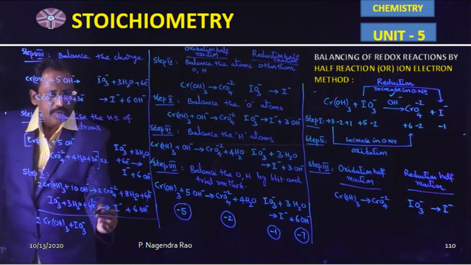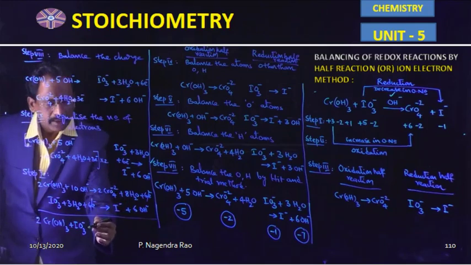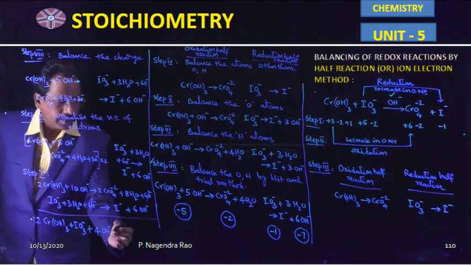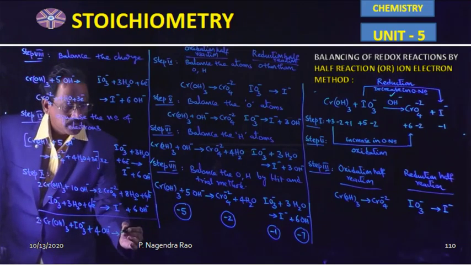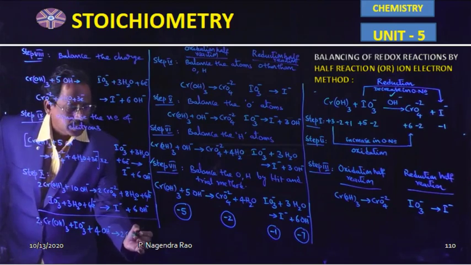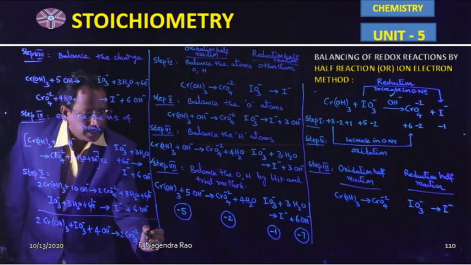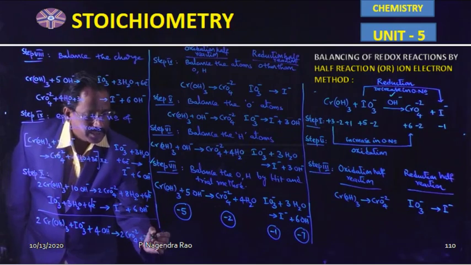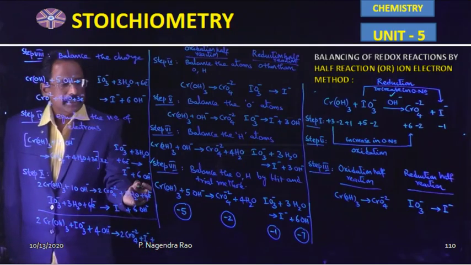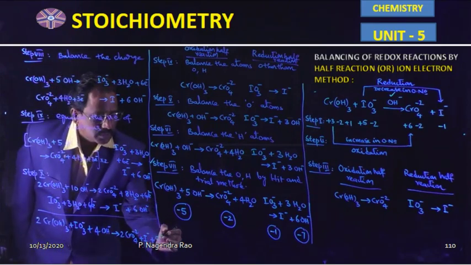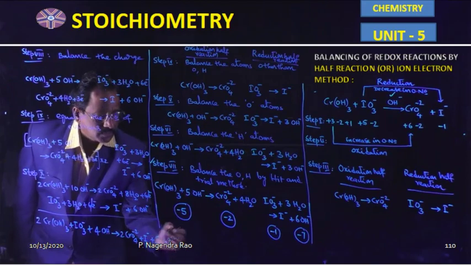So 10 minus 6, 4 OH⁻ gives rise to 2CrO4²⁻ plus I⁻ plus 8H2O minus 3H2O, that is equal to 5H2O.